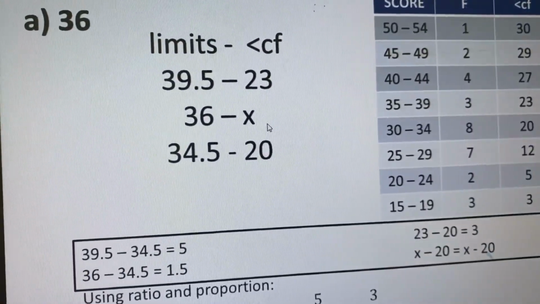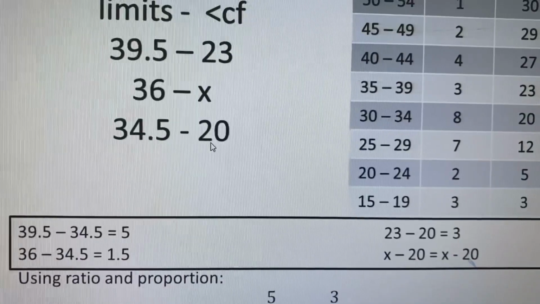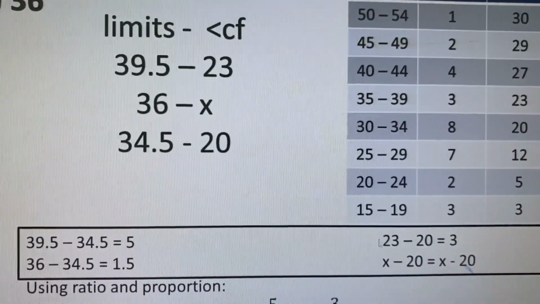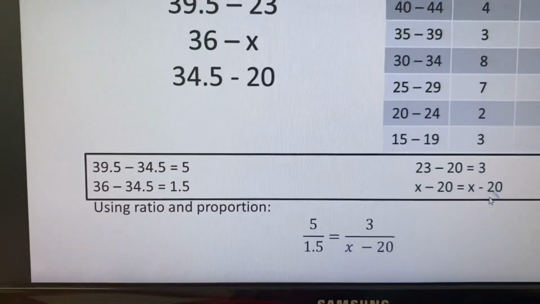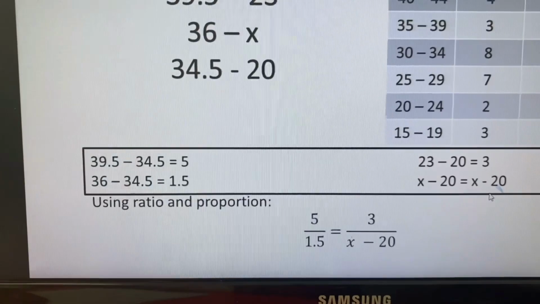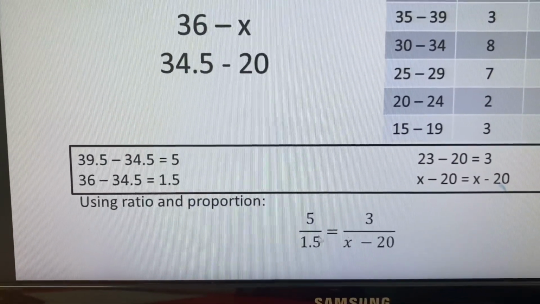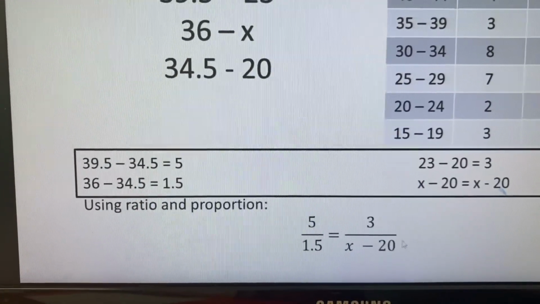And then 23 minus 20, the answer is 3. Then x minus 20 stays x minus 20. So using ratio and proportion, we have 5 over 1.5 equals 3 over x minus 20.